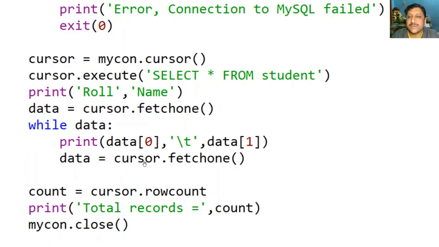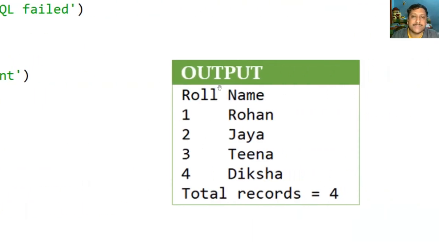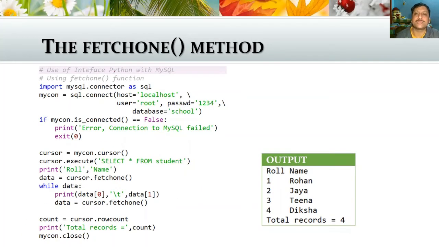Using fetchone and a while loop, we have accessed each and every record and displayed it in a tabular format. The output is displayed in a more decorative, more formatted manner using the fetchone function.